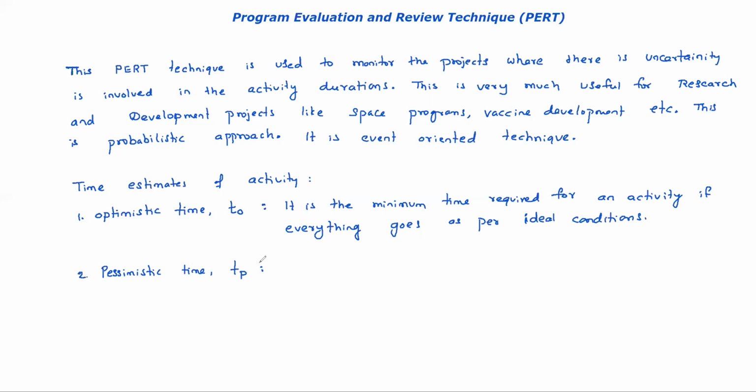Okay, luck unfavors, so then the highest possible time it takes. Suppose vaccine production may take 8 years, 10 years. If everything goes wrong, every time it is giving trouble, then the maximum time taken by the activity is called pessimistic time.